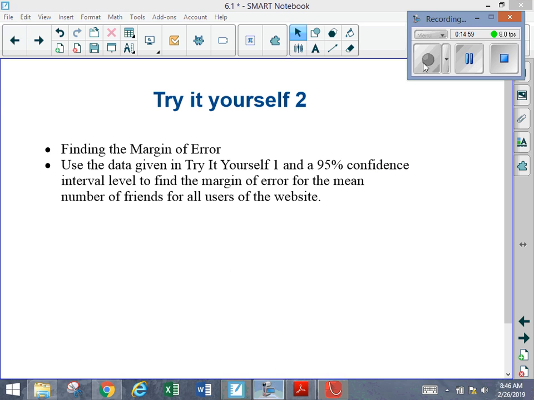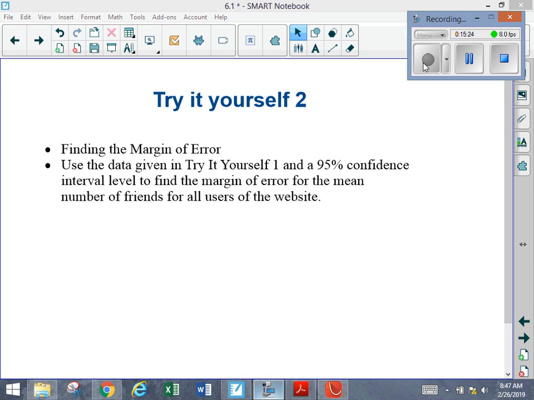All right, so we're going to do this from scratch, assuming that we haven't been given the mean or the standard deviation of the sample. I'm going to go back to the try it yourself one. We're going to enter all that data in a table, get it to give us the mean and the standard deviation, and then we'll calculate our margin of error.